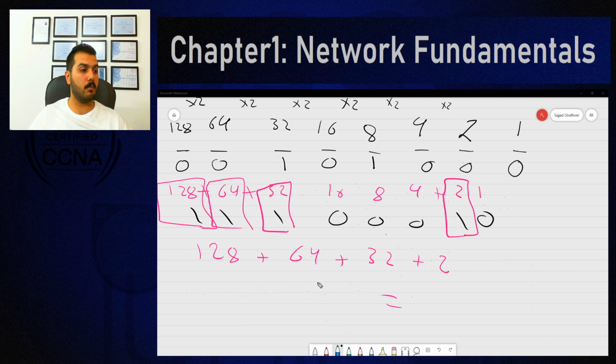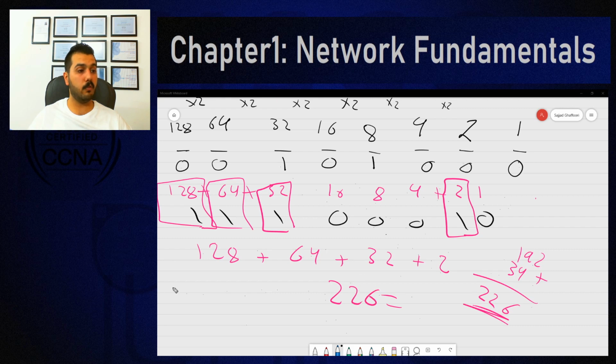By combining them, we get 128 with 64 will be 192, plus 32 is 224, and plus 2 will be 226.